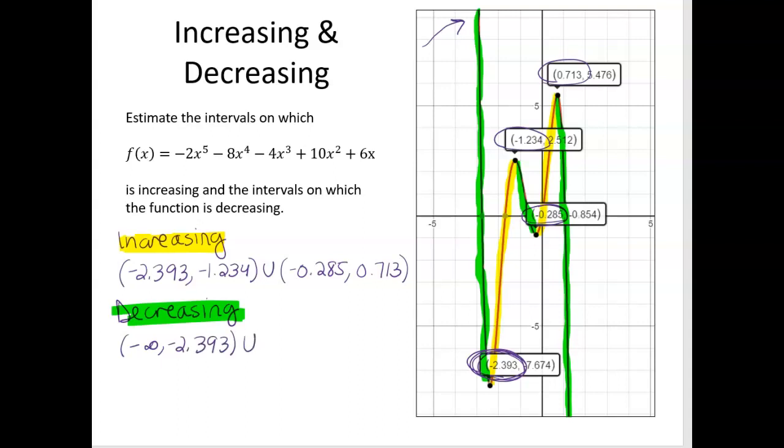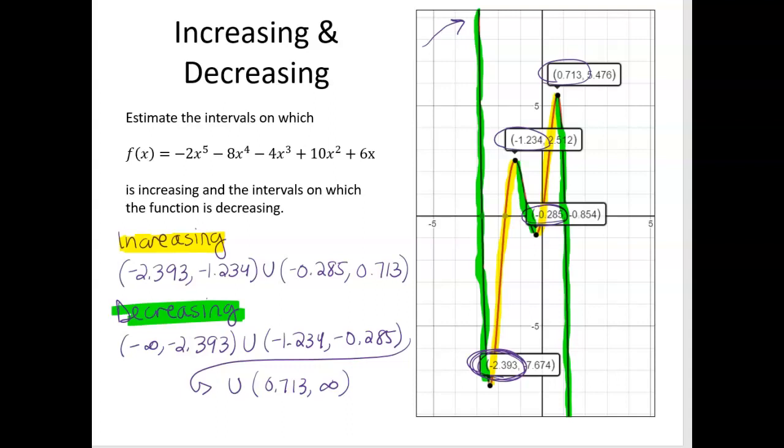We're going to do this one in the middle using these x values, -1.234 to -0.285. And then continue it down here, union, that last section, 0.713 to positive infinity.